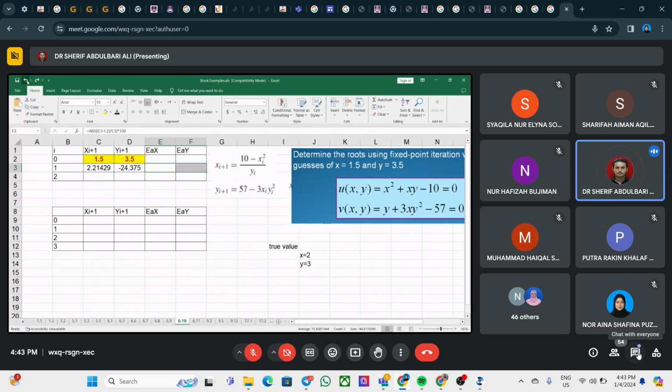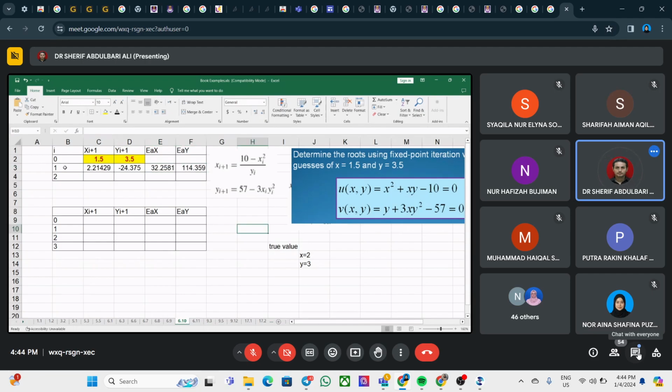How do you calculate the approximate error? The new value of x minus the old value of x over the new value of x. The same goes for y: the new value of y minus the old value of y over the new value of y, and you are going to get the error. So you're supposed to have these two values of error.